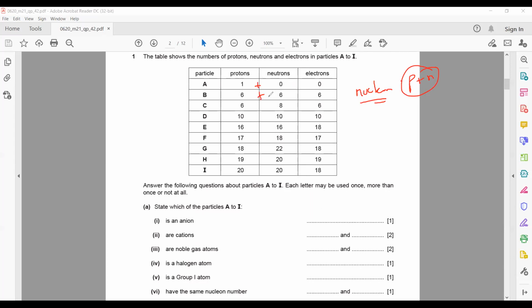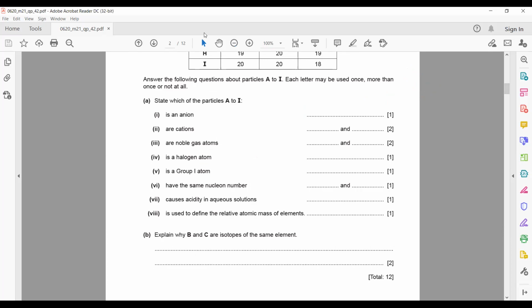When you add them, this will be 1, this will be 12, 14, 20, 32, 35, 40, 39 and 40. So these two, G and I, have the same nucleon number. Because 18 plus 22, that's 40, and 20 plus 20, that's also 40. So the answer here for the same nucleon number will be G and I.